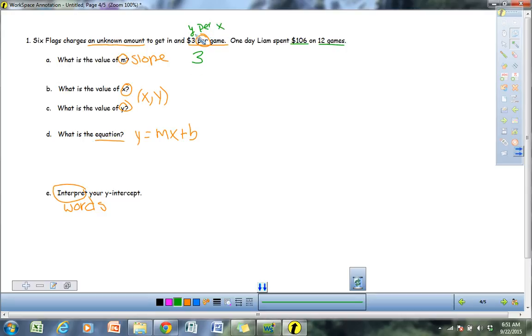So that means that my y value is depending on my x value. So my x value represents the number of games. So the value of x here is going to be 12. My y value is my total cost. And on those 12 games, he spent $106.